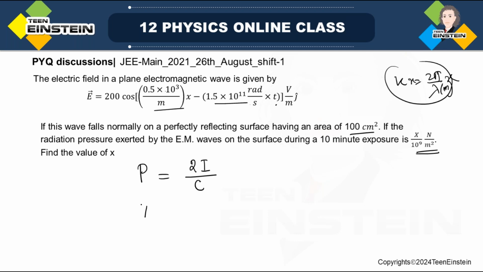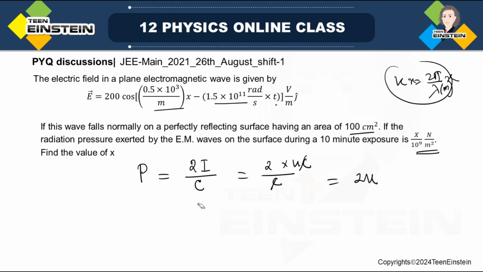Now what is this I? Intensity can be written in terms of energy density into C. C is again the speed of light in vacuum. Okay, so if we put this here, what do I get? 2 into I by C, and I'll put U into C, so this C will cancel each other, so I get 2 into U. Okay, what is this U now?